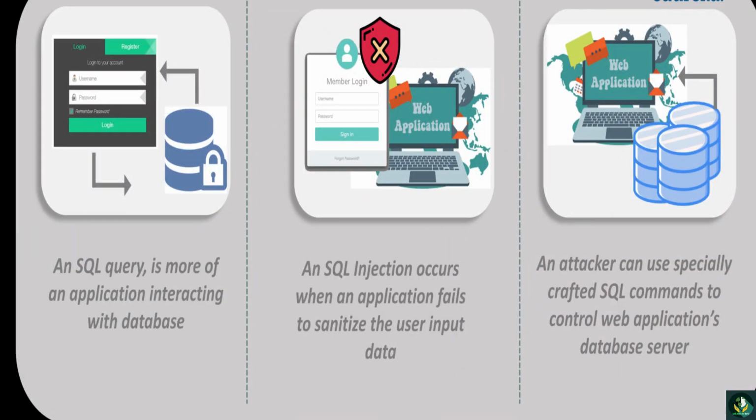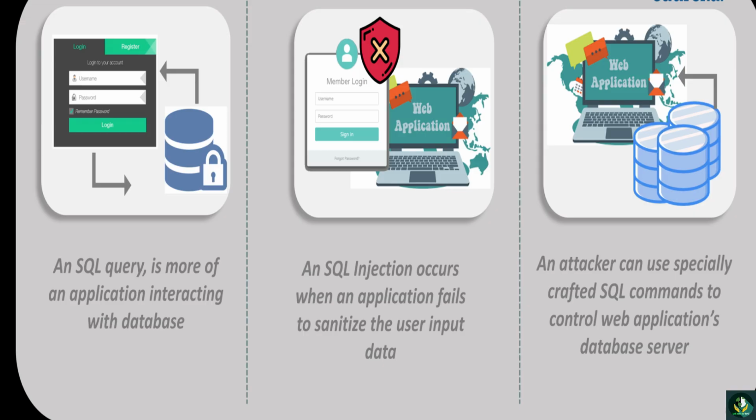An SQL query is an application interacting with a database. An SQL injection occurs when an application fails to sanitize the user input data. An attacker can use specially crafted SQL commands to control the web application's database server.